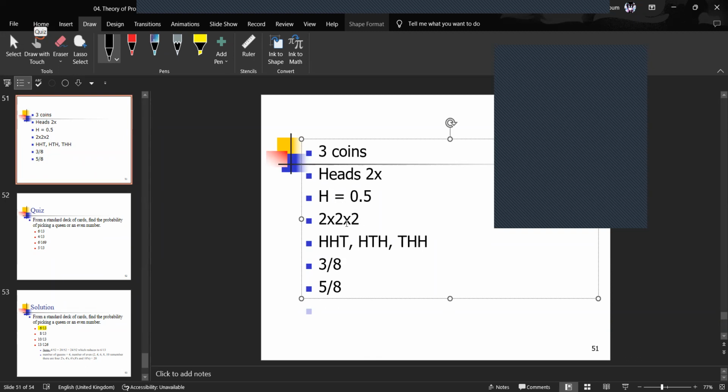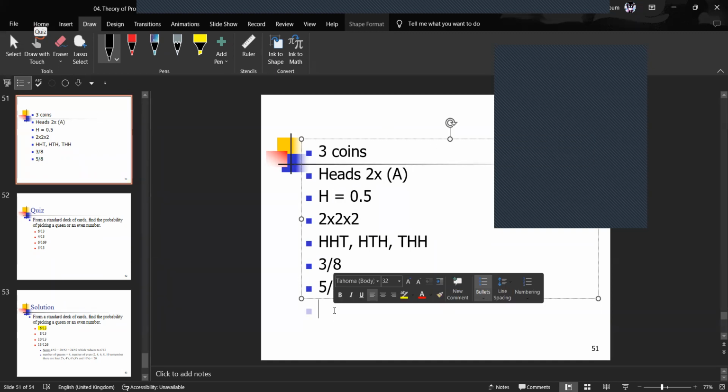And so to find the ratio of the two, you'd find the number of events where your event does happen. So let's say that heads twice is event A. We want to find the number of times where A happens, and we're going to put that as the ratio to the number of times that A doesn't happen.